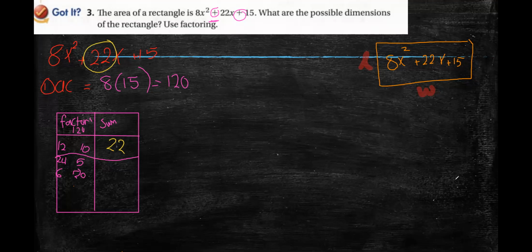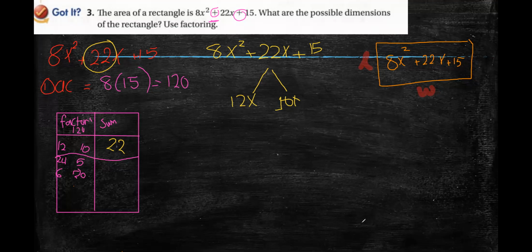Then the second step: I bring my trinomial, 8x squared plus 22x plus 15, and rewrite the 22 as 12 and 10. This 22x becomes 12x and 10x.